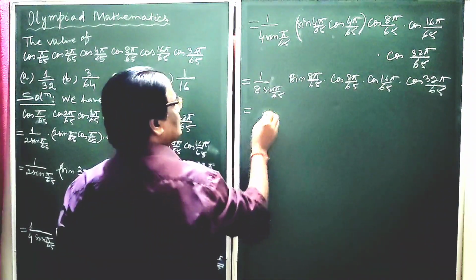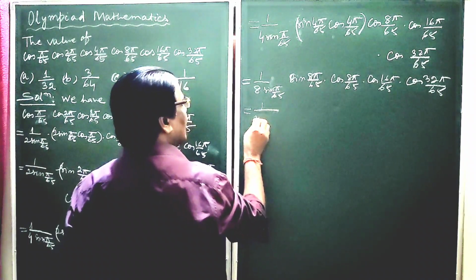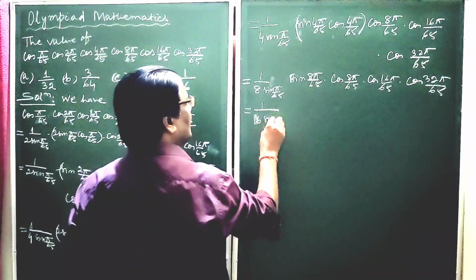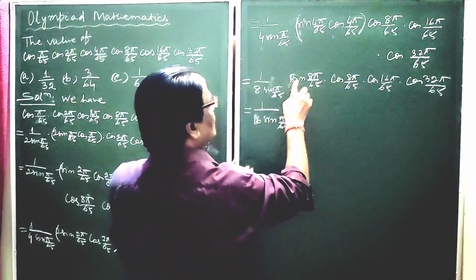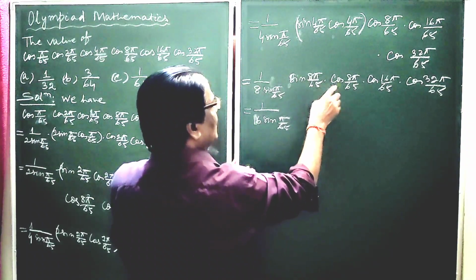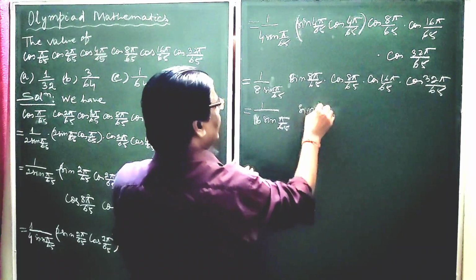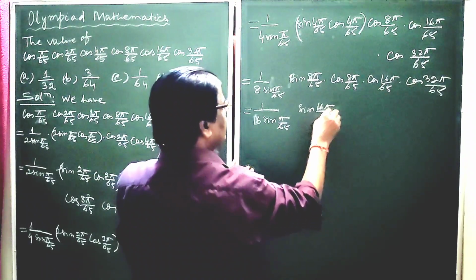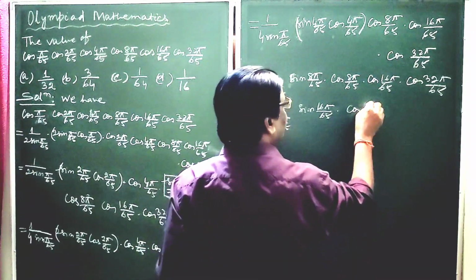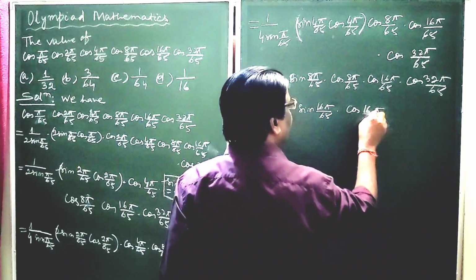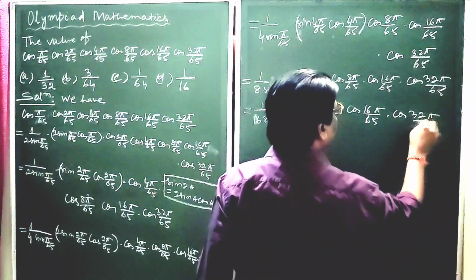Again multiplying by 2, it becomes 1 by 16 sin pi by 65. Here 2 sin 8 pi by 65 cos 8 pi by 65 becomes sin 16 pi by 65, for the same reason that we applied previously. Here it is cos 16 pi by 65 cos 32 pi by 65.